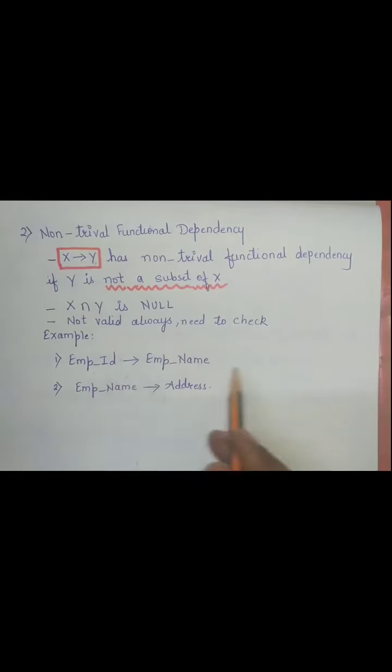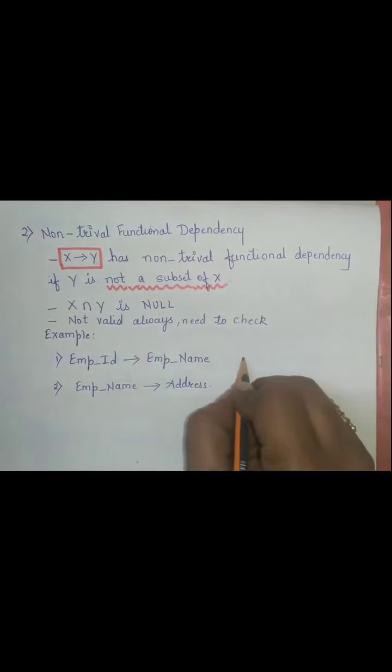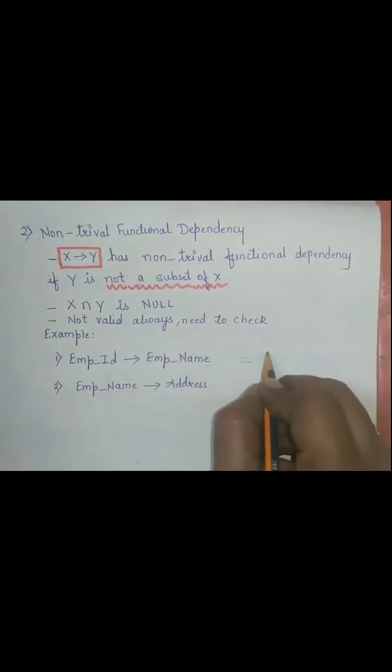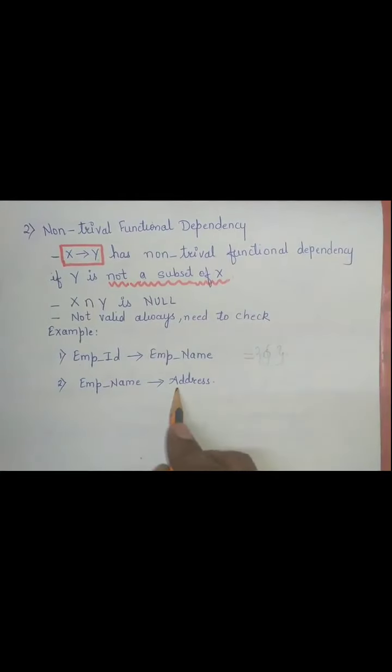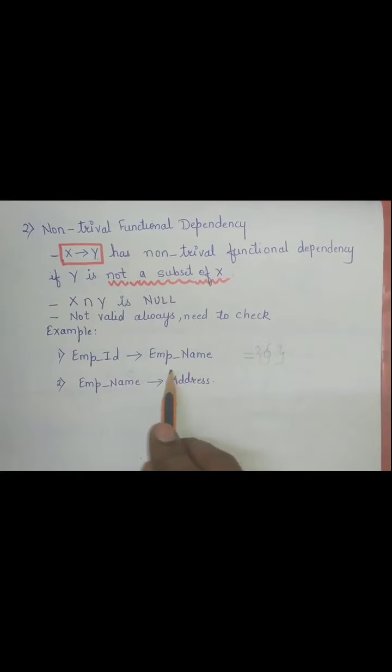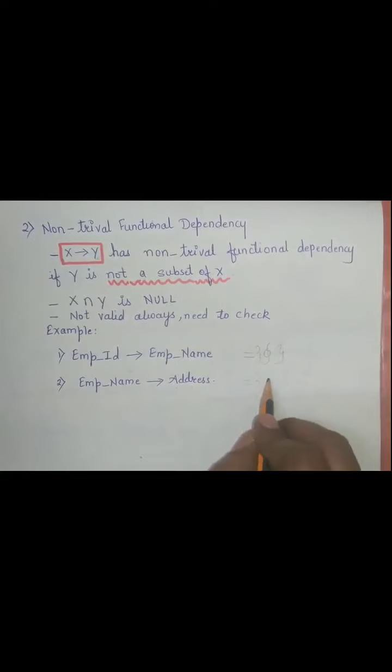The second thing is, when we take the intersection of these two, we are getting an empty set. Similarly, for the second example, employee name determines address. Address is not a subset of employee name, and when we take the intersection of determinant and dependent, definitely we are going to get an empty set.